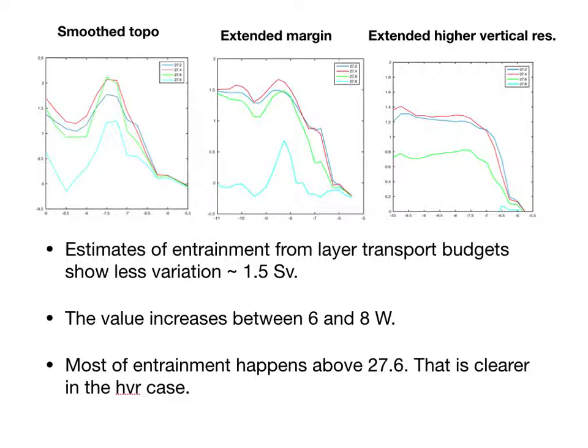The estimate is always about 1.5 Sverdrup. So it's approximately the same, with some differences, but not very significant among the different experiments. This is also a robust result, and also the fact that most of the entrainment really happens above the 37.6 isopycnal.